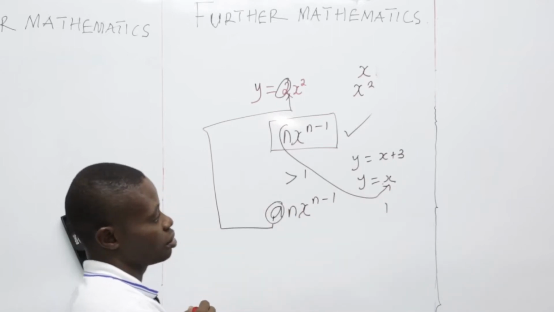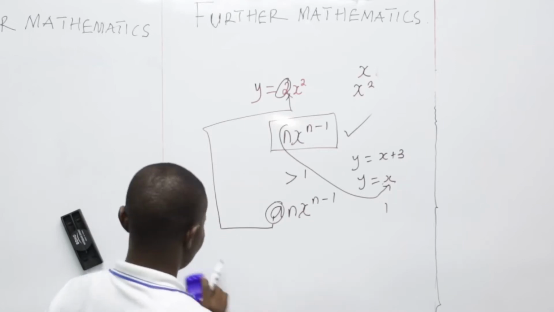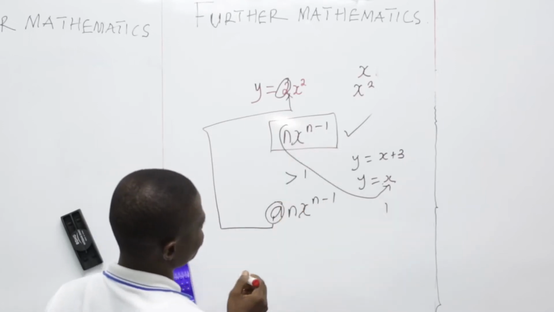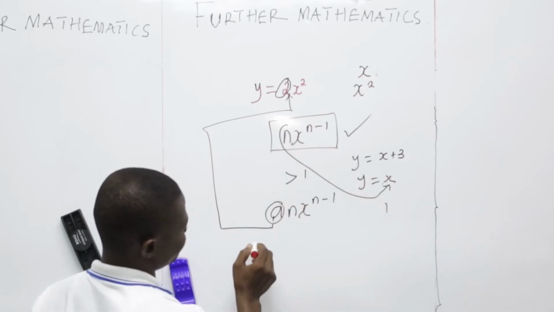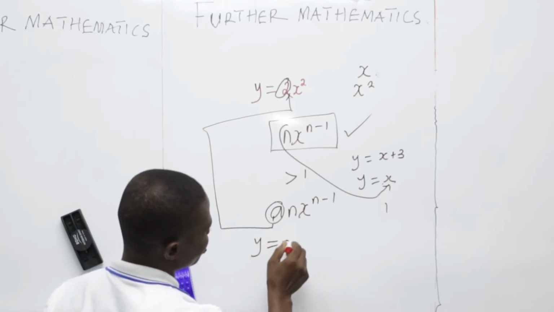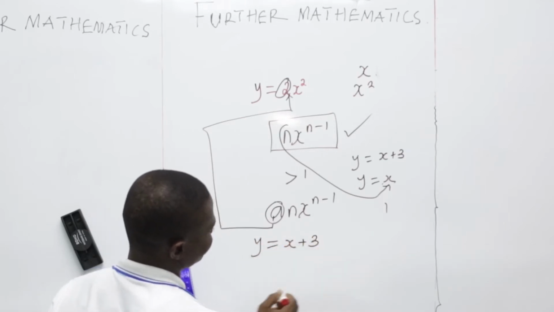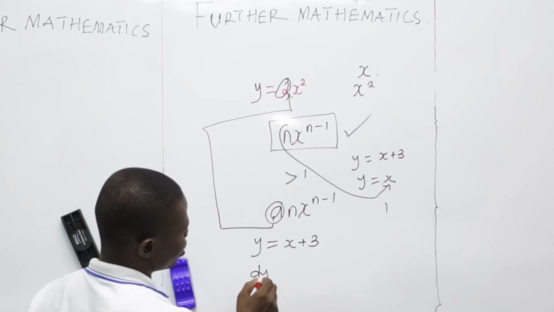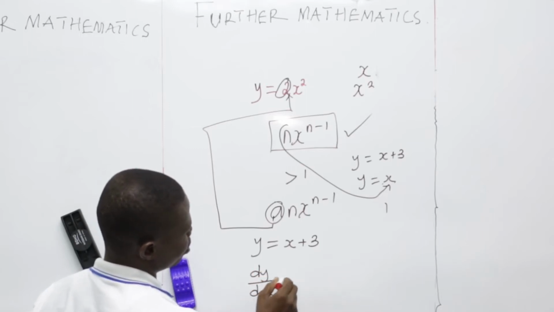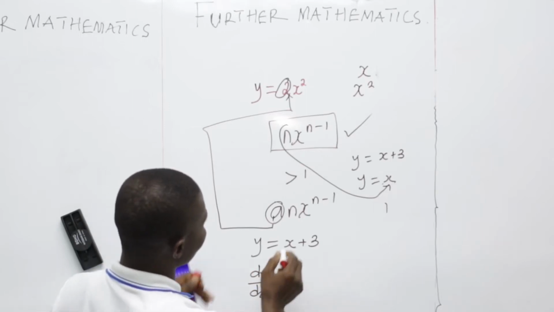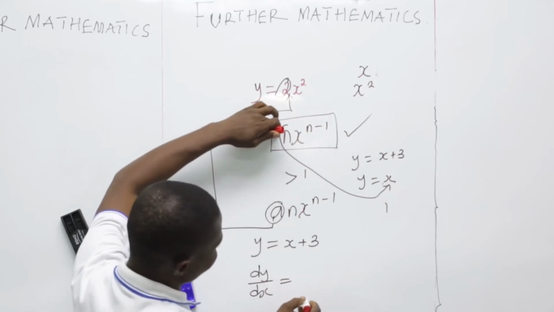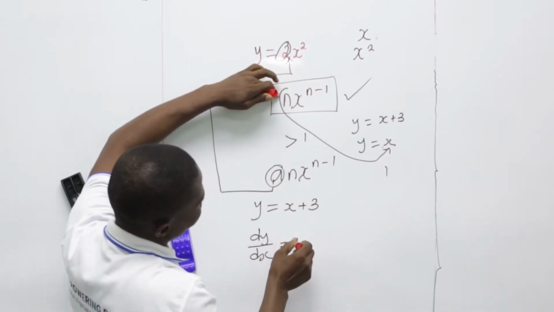So, let us try to use this to solve. If y equals x plus 3, dy/dx equals n. N means the power of x, all right.